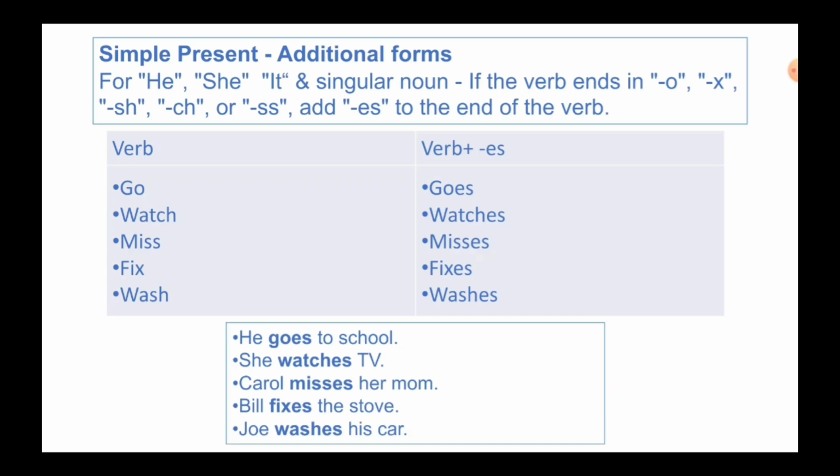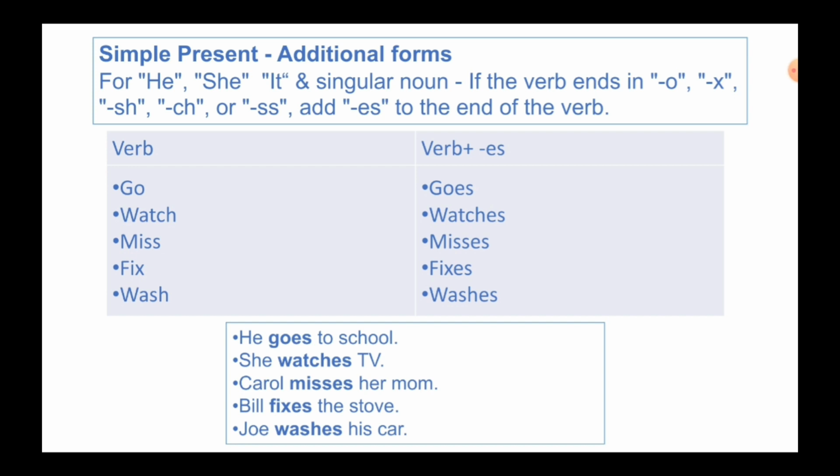Simple present additional forms for he, she, it, and singular noun: if the verb ends in O or X or SH or CH or double S, add ES to the end of the verb.